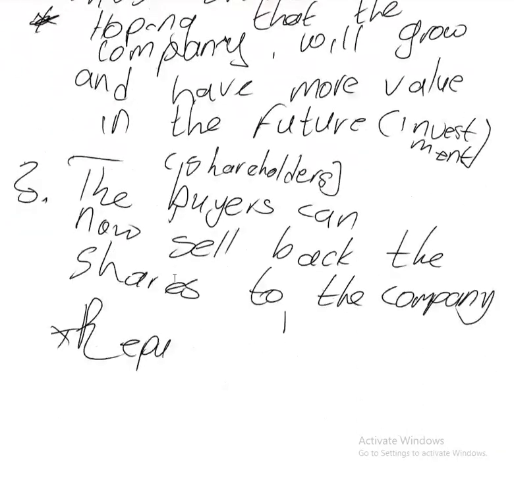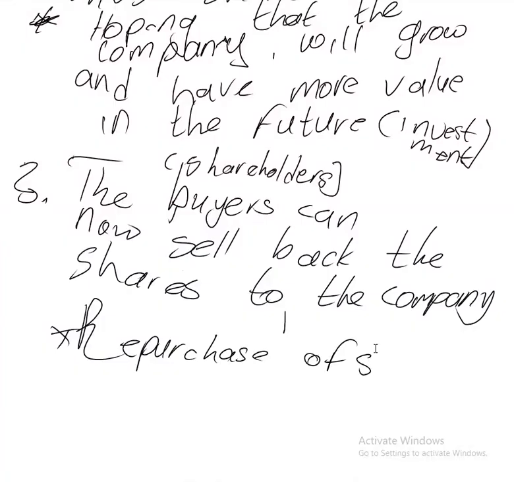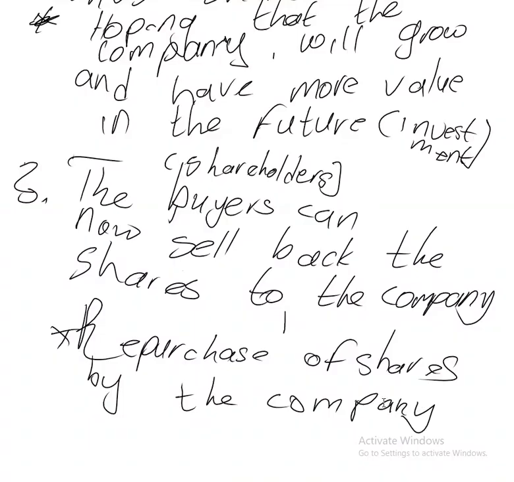This is what we call the repurchase of shares by the company. So in the future, the buyers can now sell back those shares to the company, and the company will have to repurchase those shares from the shareholder.